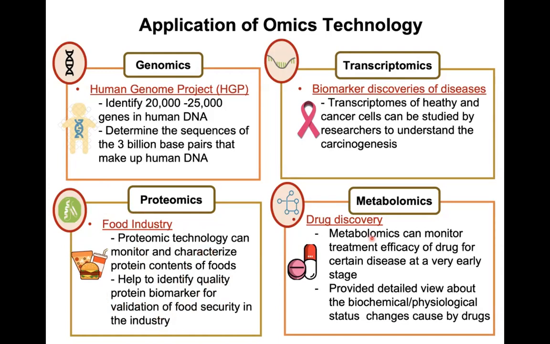Okay, the last one tadi is the metabolomics. Is the drug discovery. Sebab dia biochem kan, dia deal with all the chemical component. So selalunya dia akan deal dengan drug discovery. It can monitor treatment efficiency of drug for certain disease at a very early stage. Okay, and also provided detailed view about the biochemical or physiological status changes caused by drug.